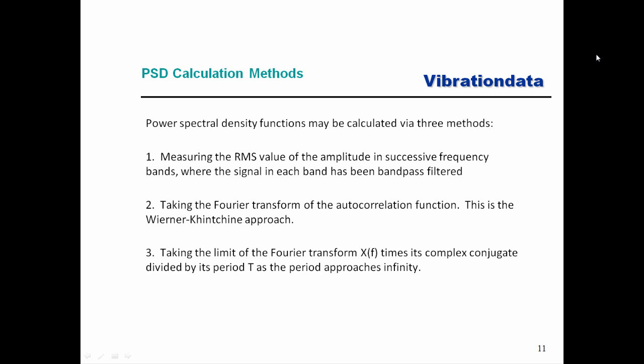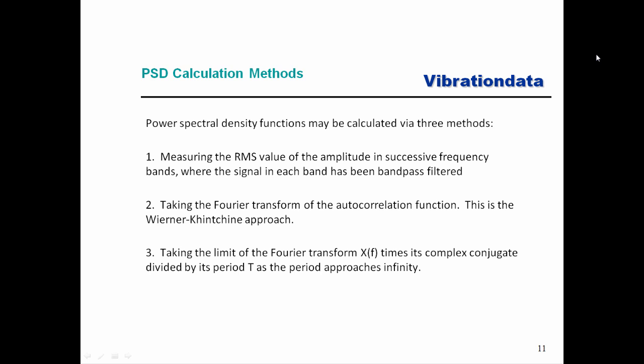So we bandpass filter our data, then we calculate the RMS value within that band. Then we square that RMS value, so we have RMS squared. Then we divide by the bandwidth. Now if we go from 10 hertz to 20 hertz, that's a 10 hertz difference, or 10 hertz bandwidth. So we would take our GRMS squared divided by that bandwidth.